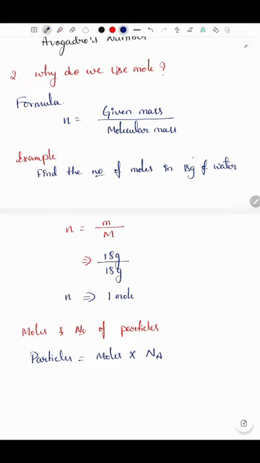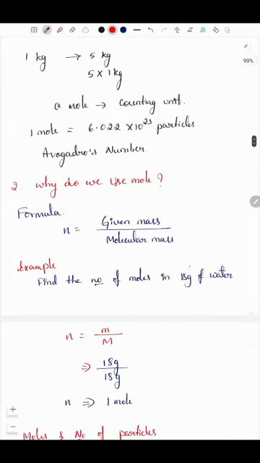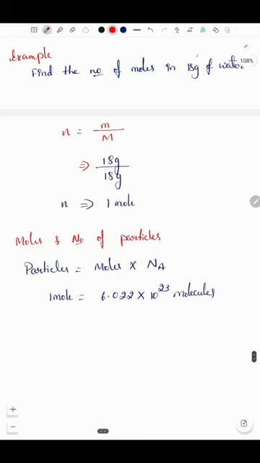This is how we calculate the number of particles by using moles. So 1 mole always contains 6.022 into 10 power 23 molecules. There are two formulas which you must remember. This is the first formula, and the next formula is particles equals moles into Avogadro's constant.